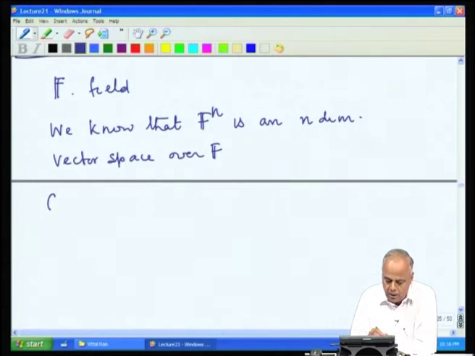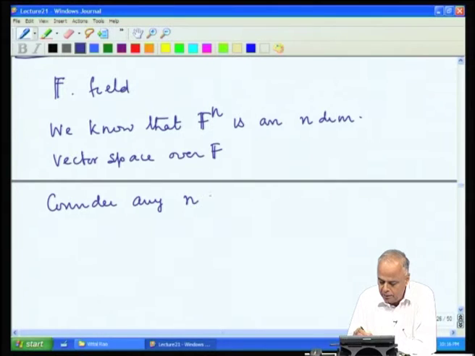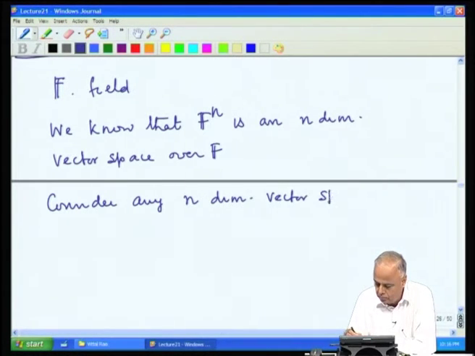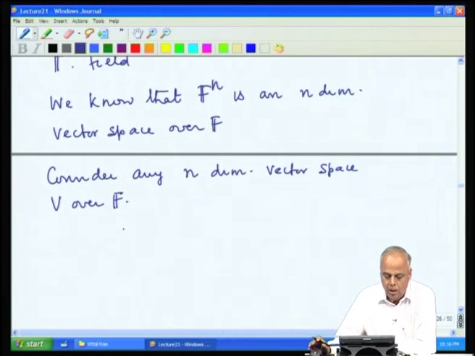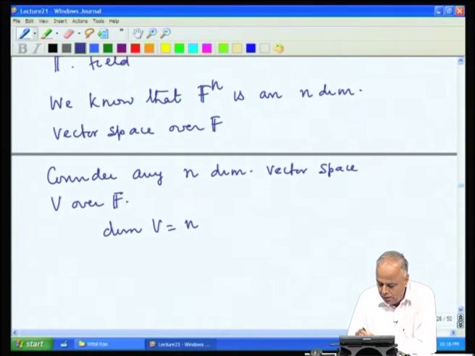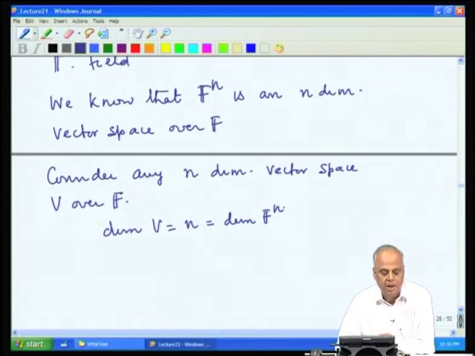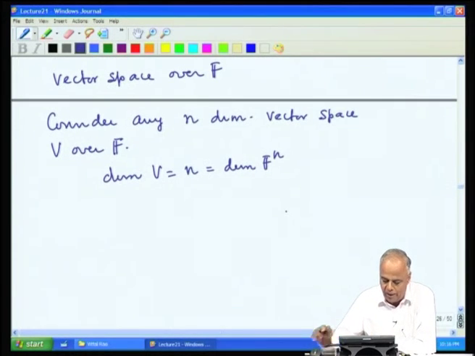Now, consider any n dimensional vector space V over F. Since the dimension of V is equal to n, which is equal to the dimension of F^n, we have seen that any two vector spaces of the same dimension are isomorphic.